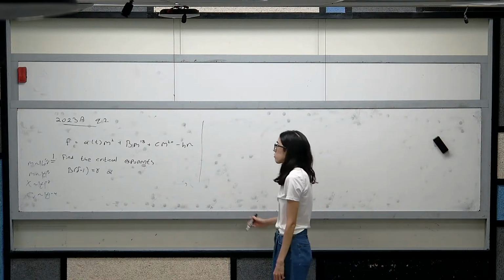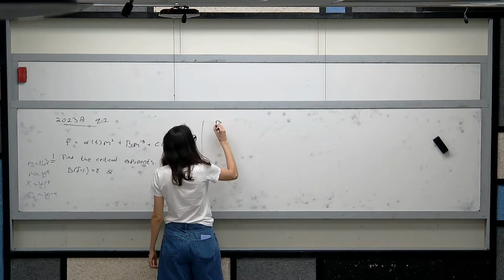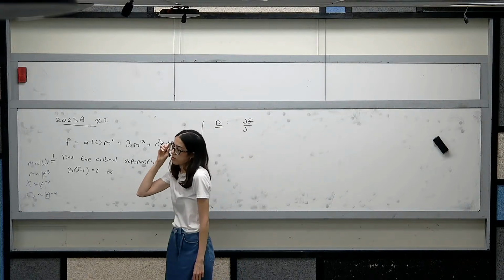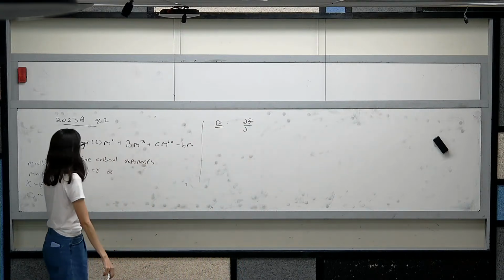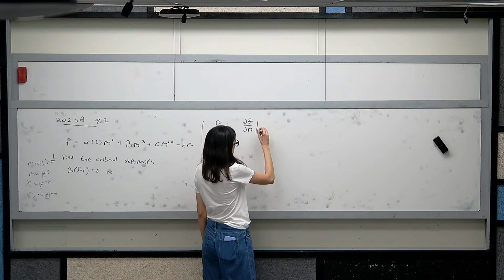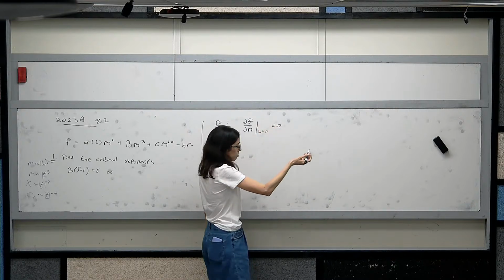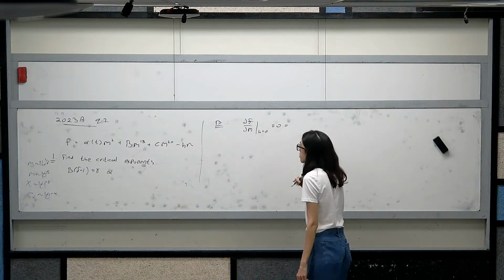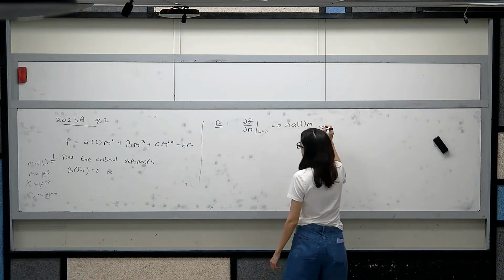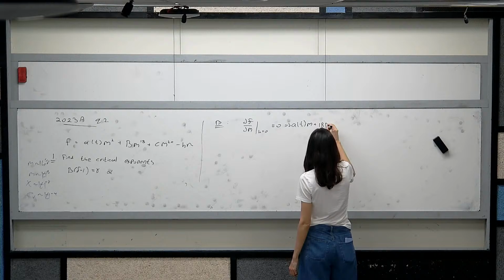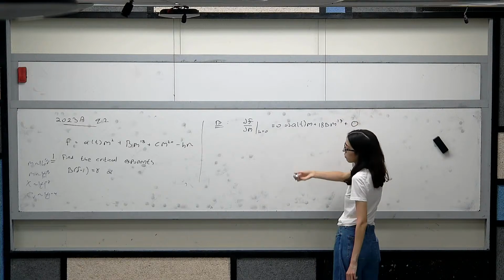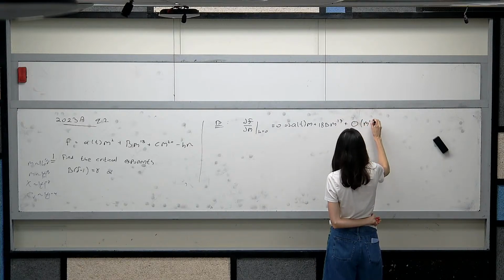Okay, so let's start with beta. To find beta, we use the minimum of the free energy. So we take the derivative of the free energy with respect to m for h equals 0, and we compare that to 0. So this is going to be a of t times 2m plus 18 b m to the power 17 plus something of order of magnitude m to the power 19.